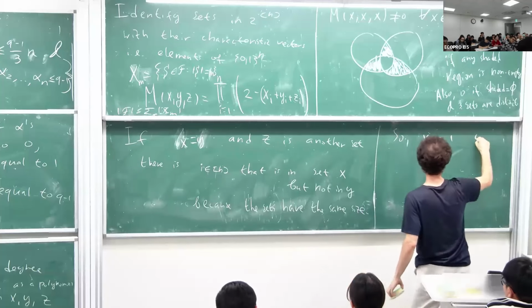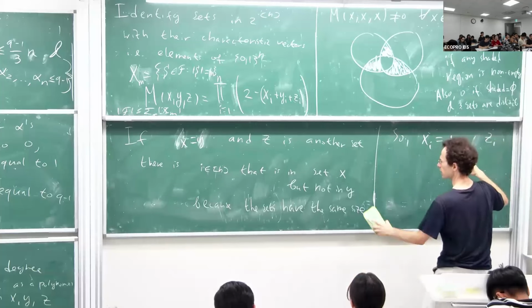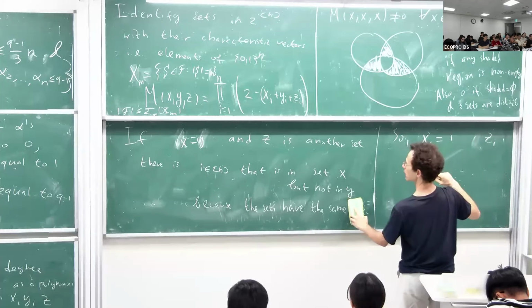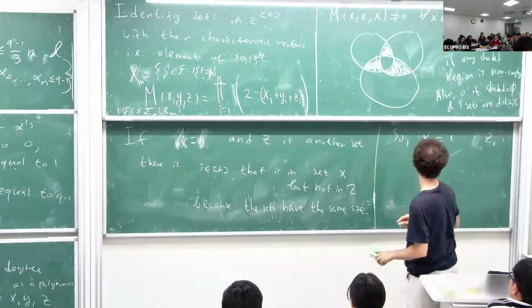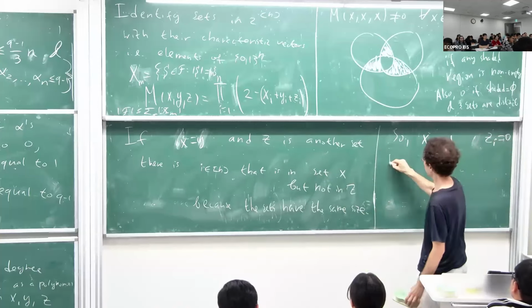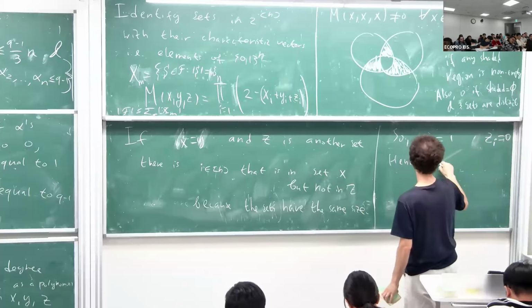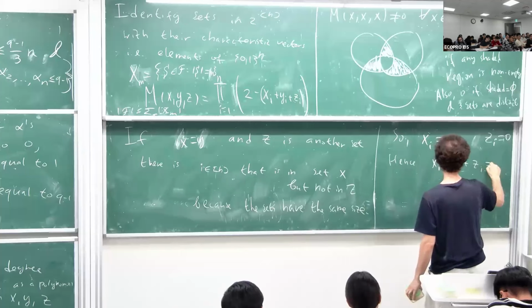x_i is 1, and y_i, z_i is different, sorry. And z_i is 0, and hence x_i plus y_i plus z_i is 2.